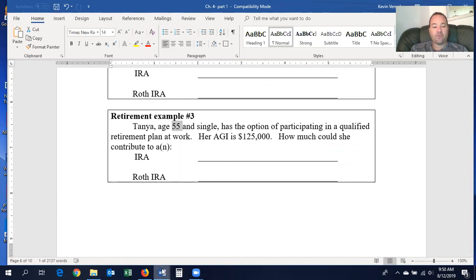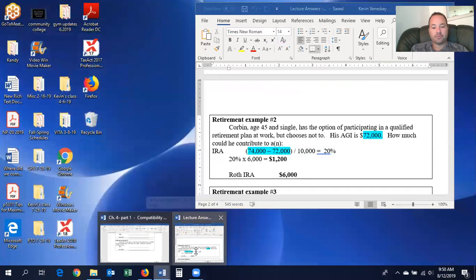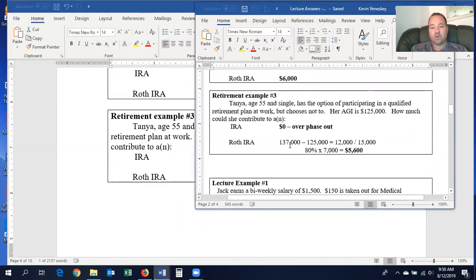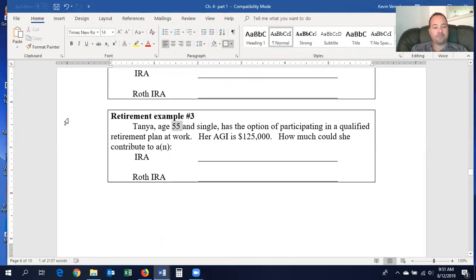And then the answer for the Roth, though, she is slightly within the cap. So we take the 137 minus 125, where she's at now. Divide it by the span, that's 80%. So 80% of 7,000, because she gets that extra 1,000 catch-up. She can put away $5,600 into the Roth.